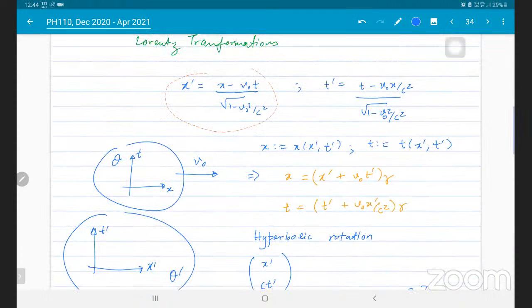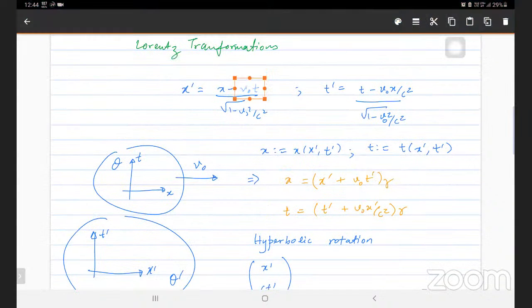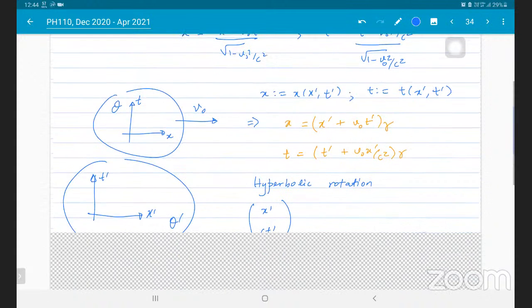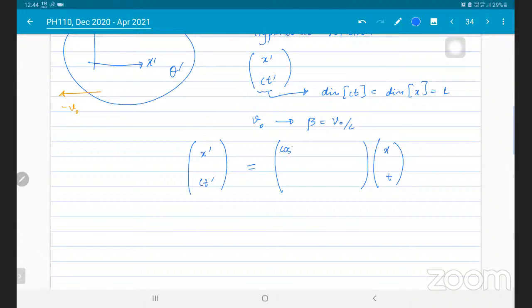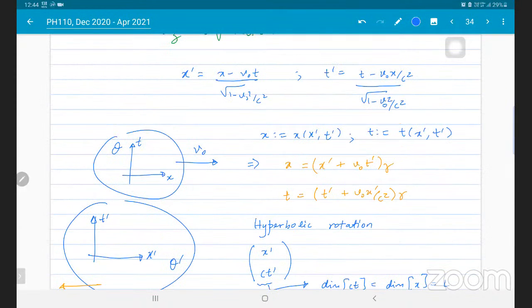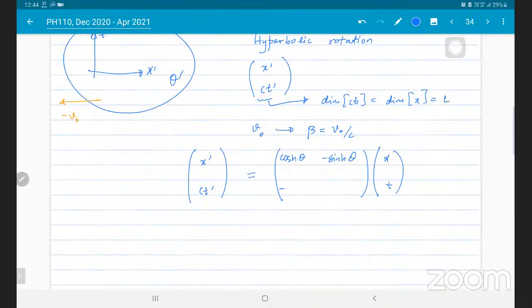And if you look at the relationship for x prime, this is x multiplied by gamma, right? And then in this expression, if you multiply and divide by c, you get minus beta gamma. So this becomes cosh theta, minus sinh theta. And then in the other expression, you have for the x term again minus beta gamma, so you get minus sinh theta, cosh theta. So if you look at it this way, this is a hyperbolic rotation.